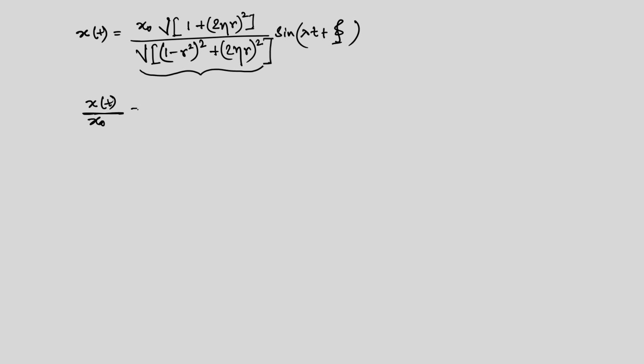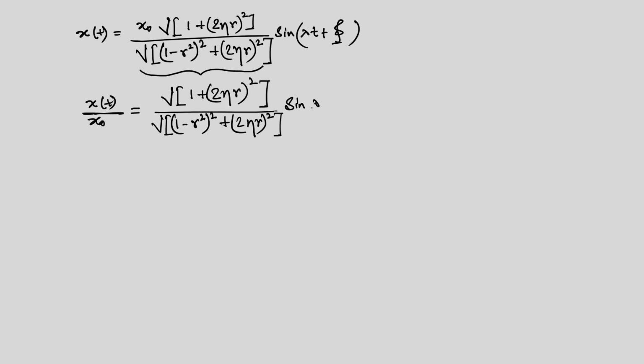Now, that ratio is given by square root of 1 plus (2 eta r) whole square, divided by square root of (1 - r square) whole square plus (2 eta r) whole square, then sin(lambda t + phi).